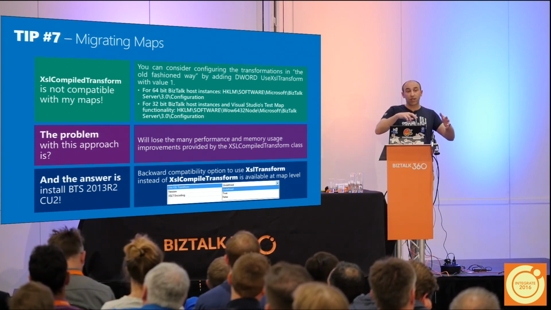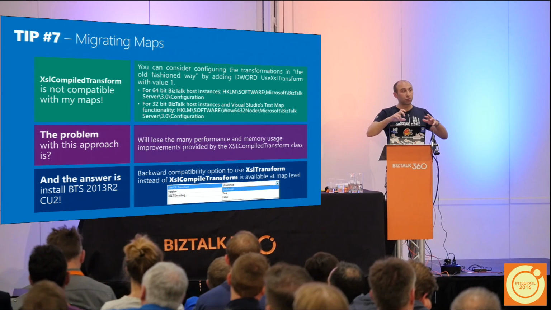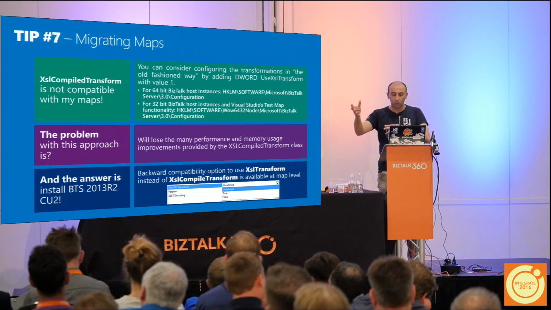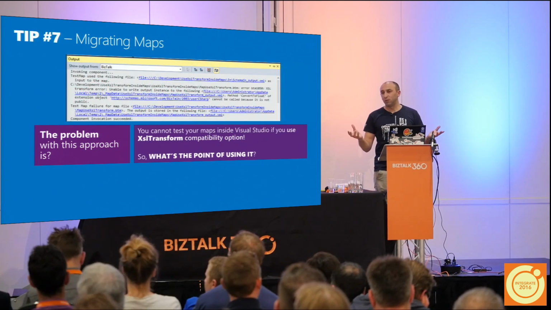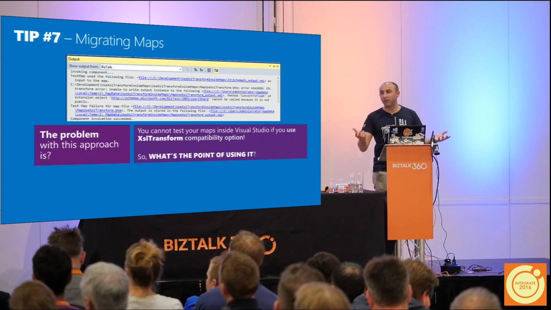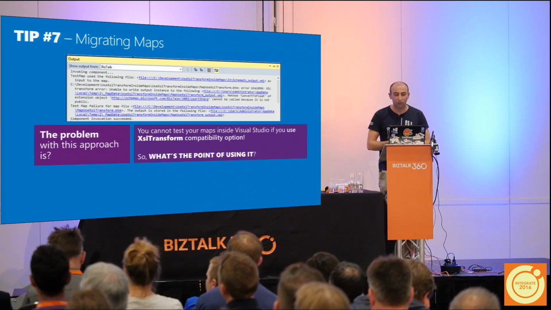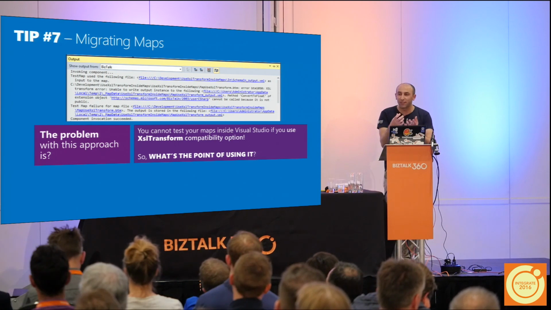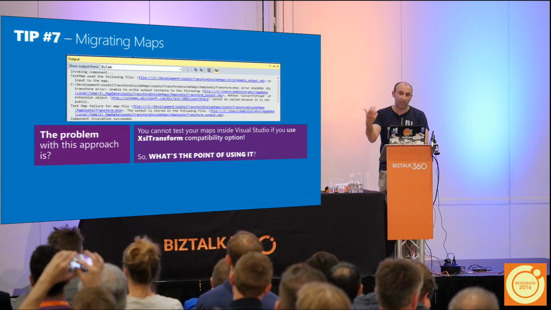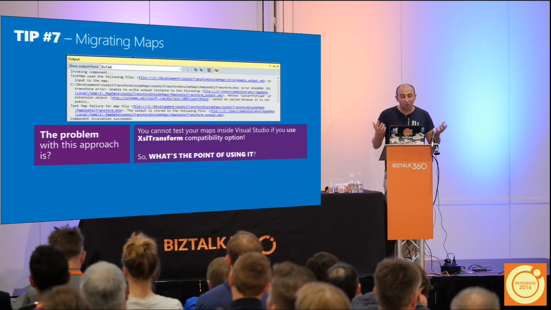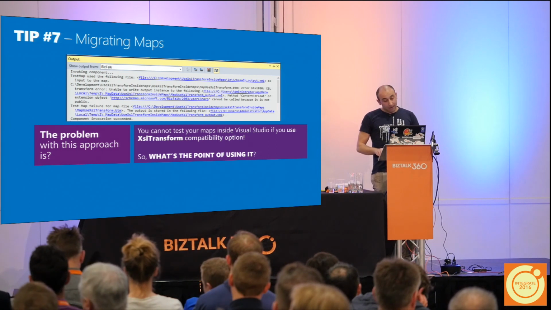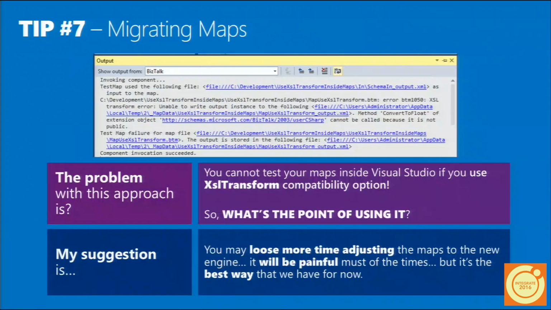Now you can change these configurations inside your Visual Studio and say, I want this map to run in the old one. The problem is it fails during the rebuild. When I try to build a map, it fails if I put some old map using the old transformation engine. It doesn't build. So I don't know what's the point of this feature. I think it's a bug. And my suggestion is take time and improve the maps. You will have better performance, okay?